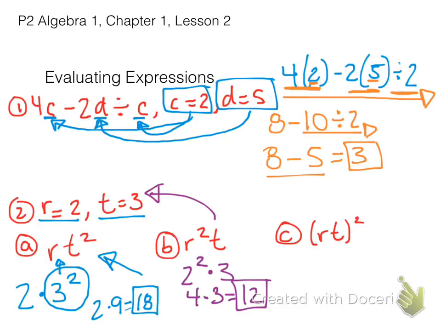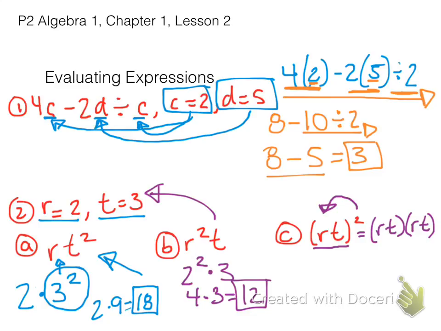Alright, last but not least. Because this exponent is outside of the parentheses, it applies to everything in it. So it's going to be r times t times r times t. No squared there, because I'm taking everything in here and multiplying it by itself, because that's what the square means.